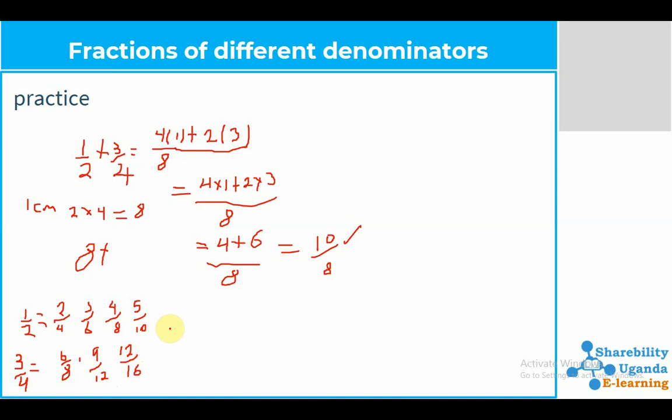We can see in these we have got common denominators. We have a 4. Do we have a 4 here? We have a 6. Do we have a 6 here? We have an 8. Do we have an 8 here? Yes, we have an 8 here and also an 8 here.